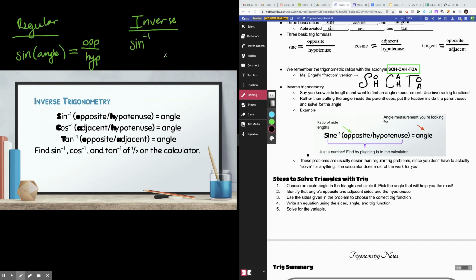You may remember doing that in your algebra classes, where if you were trying to find an inverse function, you would take the x value and the y value, say in an equation of a line, switch them, and then resolve the equation for y. This is a very similar thing, where all we're doing is switching the fraction and the angle.